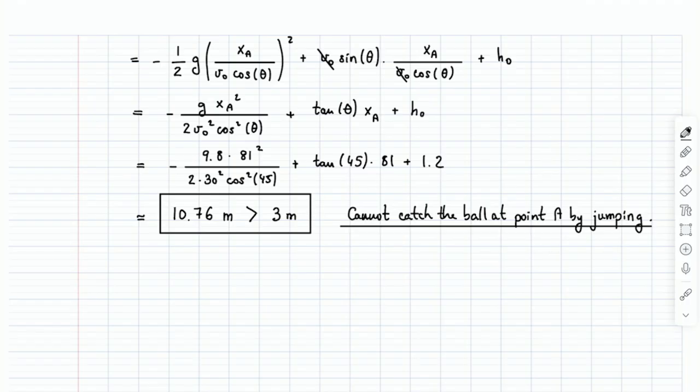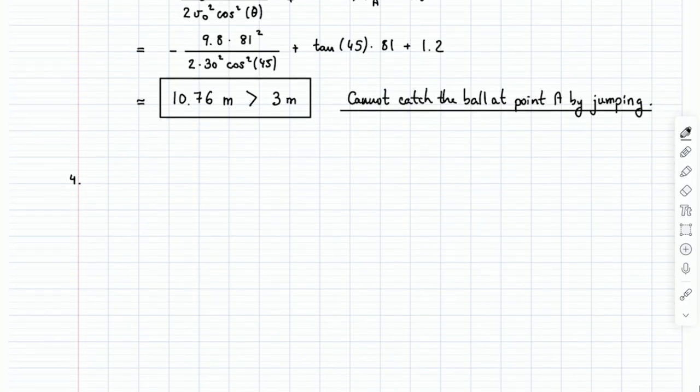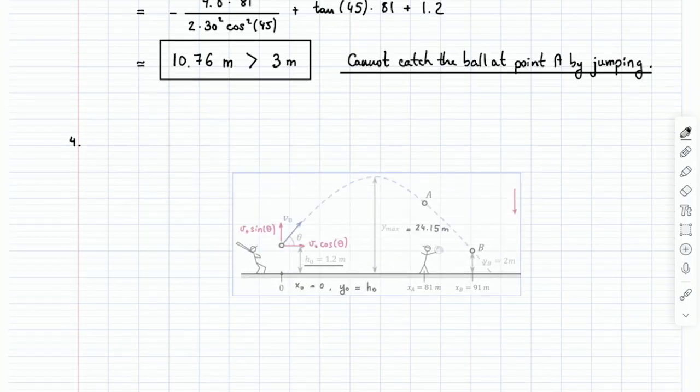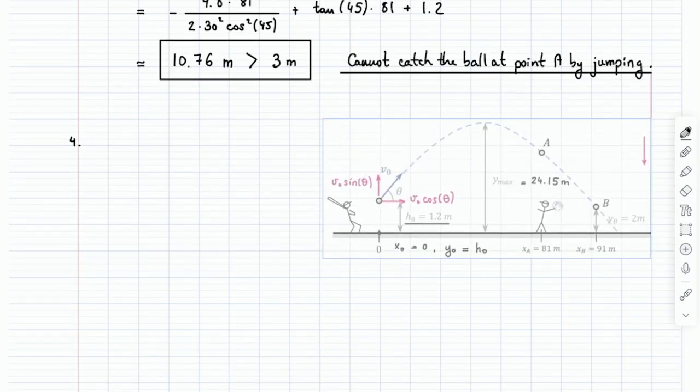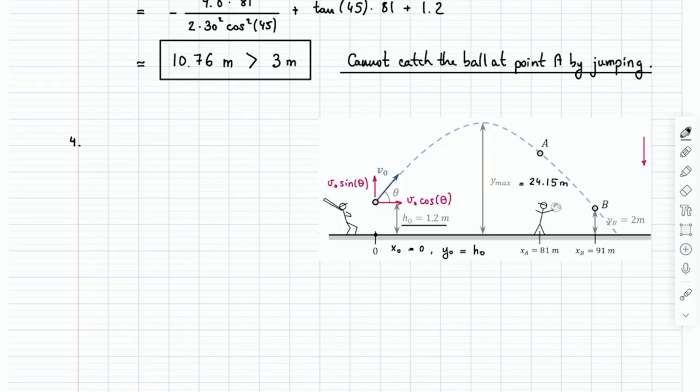Question 4 then says, well, if he runs to catch the ball at point B, how long can he wait after the ball is hit before he must start running? Okay. Now, as a reminder, let's just paste this in here again to have something to look at. The outfielder can run at constant speed 5 meters per second.